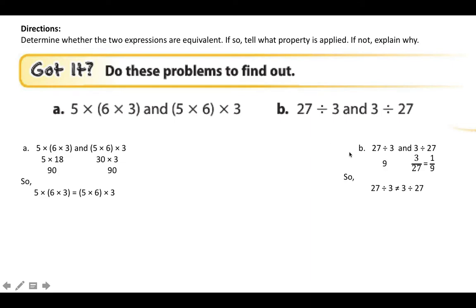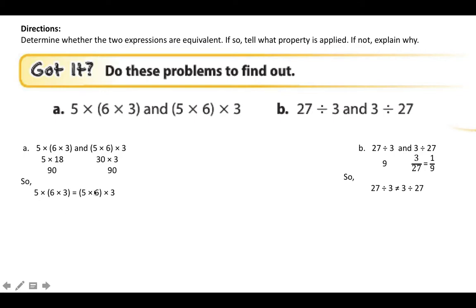equivalent. Well, 27 divided by 3 gives us 9, and when we divide 3 by 27, we get 1/9. Those two numbers are not equal to each other, so these two expressions are not equivalent. When we have equivalent expressions, we are modeling one of the properties we talked about before.